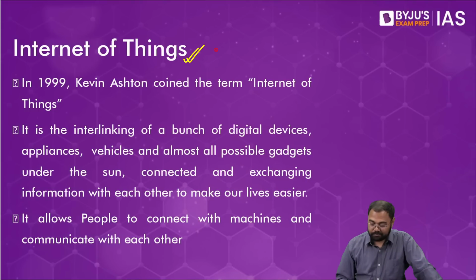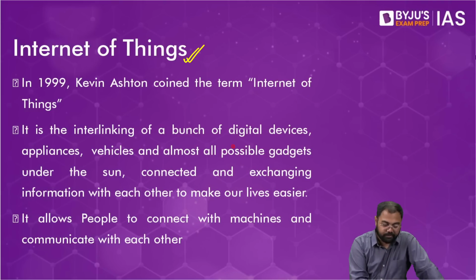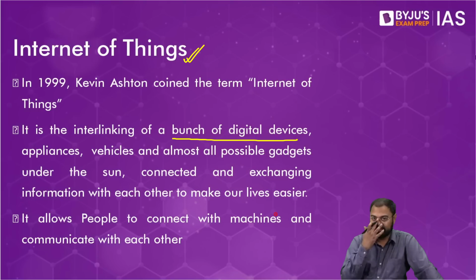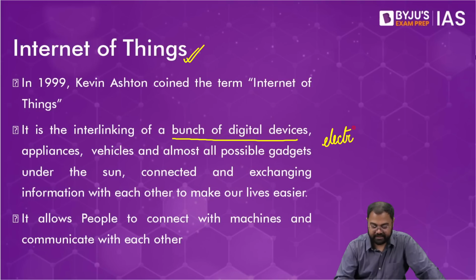When it comes to Internet of Things, what we basically understand is the interlinking of a bunch of digital devices, appliances, or vehicles, and everything basically that is electronic in nature. All of them can be connected.